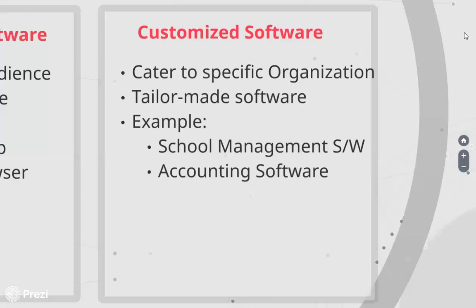Generalized softwares are called ready-made softwares, which use standard specifications, standard functionalities to cover most of the people. Customized softwares are tailor-made softwares which cater to the requirements of a particular company. So they tailor-made it.